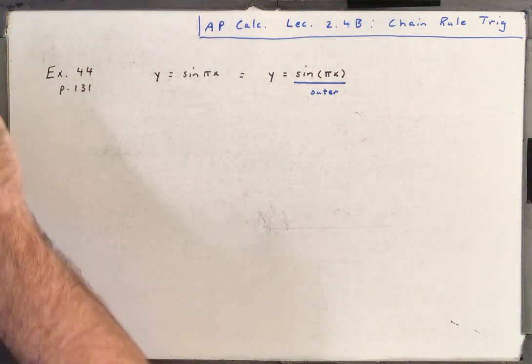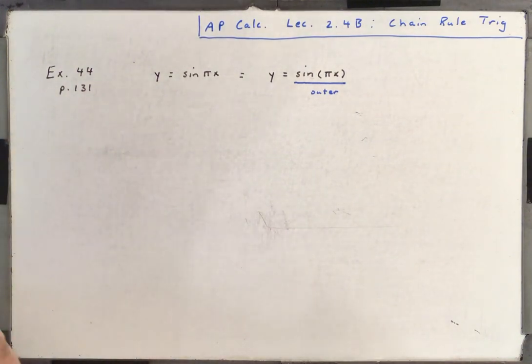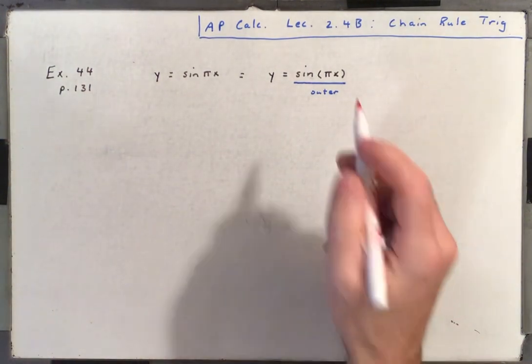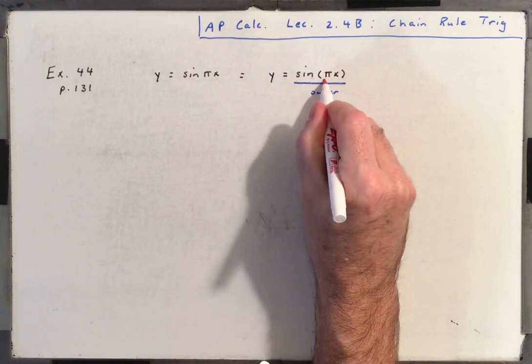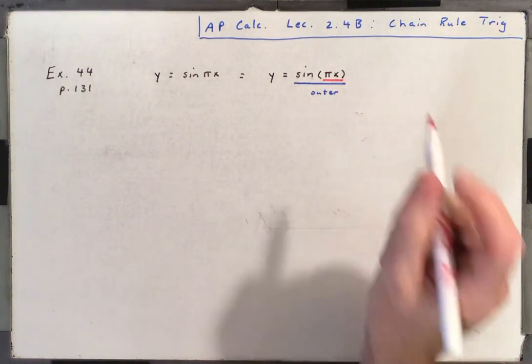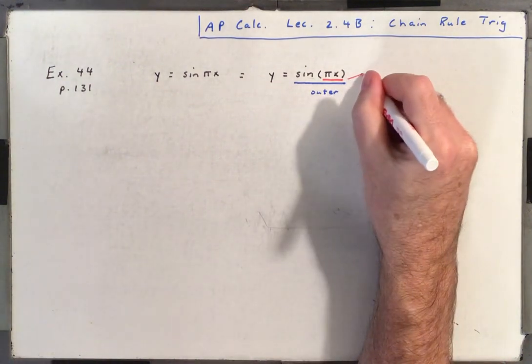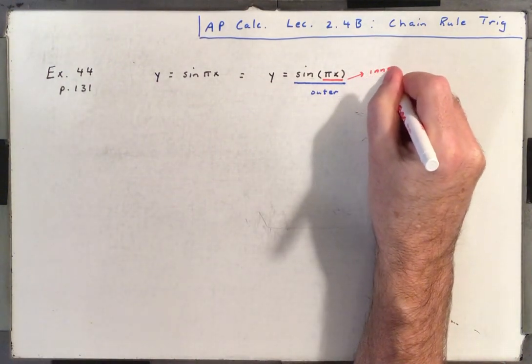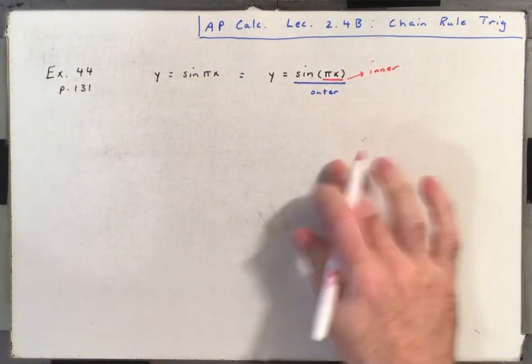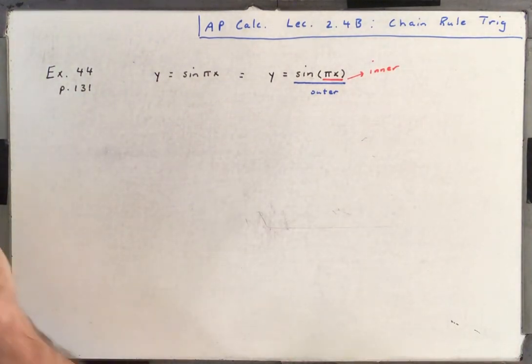And then we have an inner function that I'm going to underline in red. That inner function is the angle. So that makes it a chain rule.